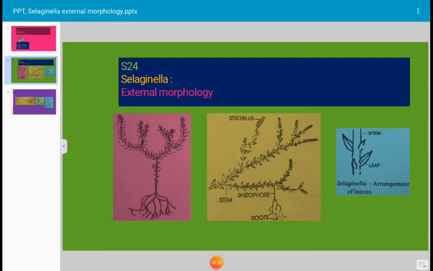The leaf bears on its upper surface near the base a leaf-like membranous outgrowth, which occurs at the base of the leaf. That is known as ligule. Presence of ligule is the characteristic feature of Selaginella. The ligule is present in a cup-shaped ligular pit or a socket.